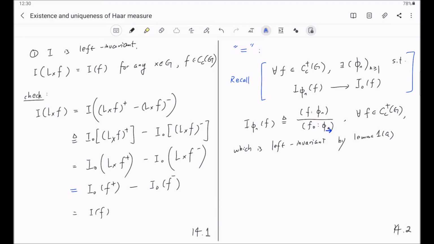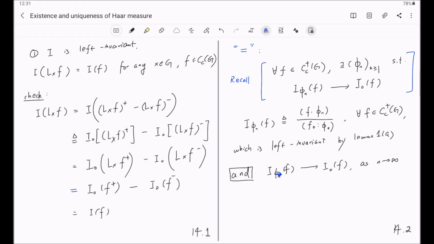Here, f0, phi(n) are considered fixed, and if you just look at the variable f, I sub phi(n) will be left invariant as a function of f. And by this convergence result, we have I sub phi(n) of f converges to I0 of f as n goes to infinity.